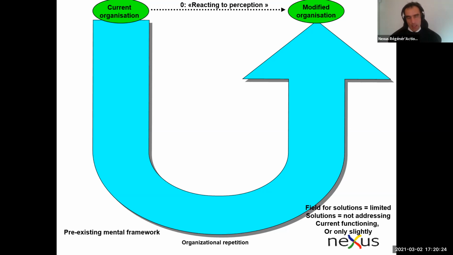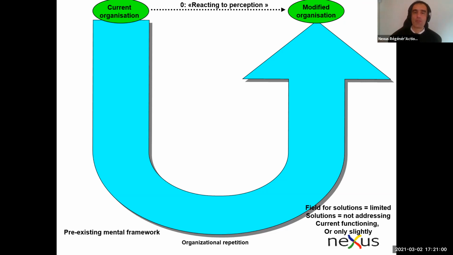So in this model, we see that there's a first level, the current organization, and we can notice that some things are not working properly or as they should. We intervene straight away. We react to a problem, and then the organization is changed slightly. And this can very well work. There's no problem with that. Sometimes it just needs a little tweak to work. But that's a first level. It's called the reacting or responding level.